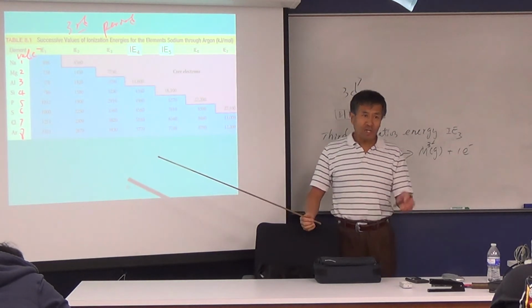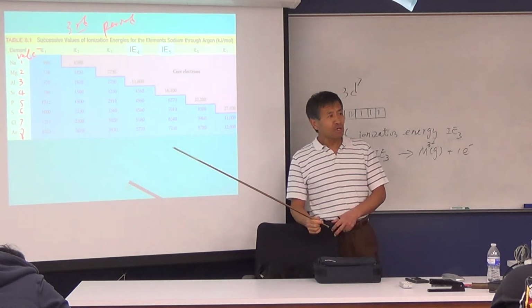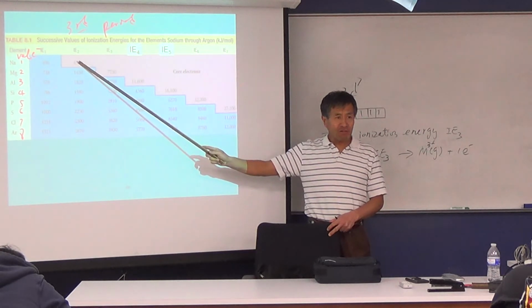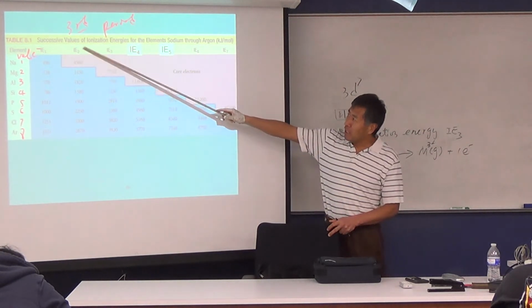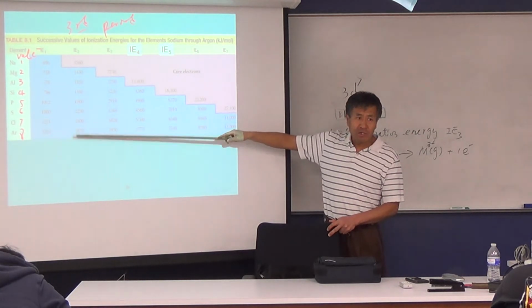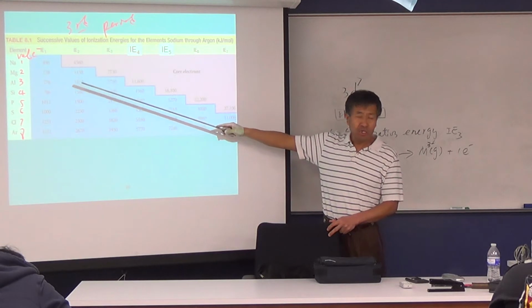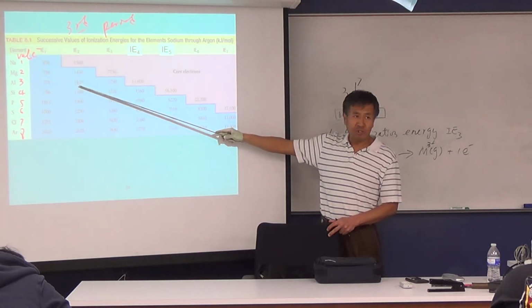Even though sodium is on the left side and is bigger, you have removed the second electron, which is a core electron. All the other atoms in the same period also have IE2, so IE2 for magnesium, IE2 for aluminum.